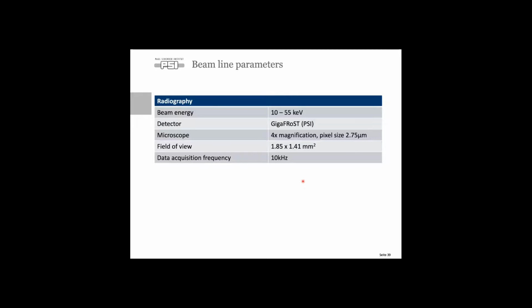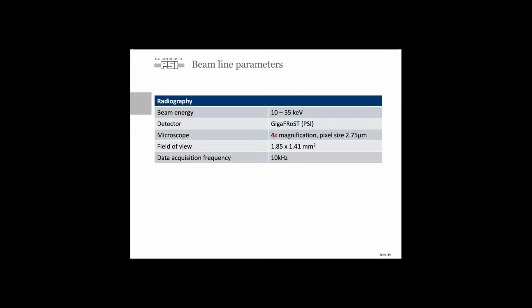Here are the beamline parameters. So we work with a wide beam because we really need a lot of photons to do these experiments at high speeds. So we had a beam with energies from 10 to 55 keV. The detector is also a PSI built detector. It's called Gigafrost. And this allowed us to work with the frequency of 10 kilohertz, but now in 16-bit mode instead of 4-bit mode.